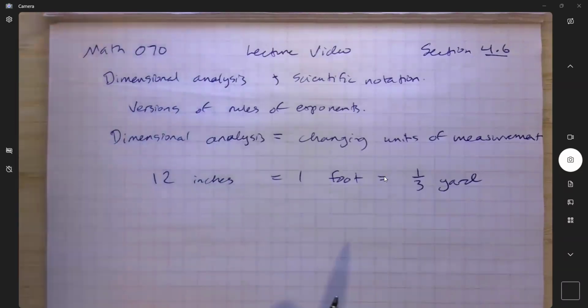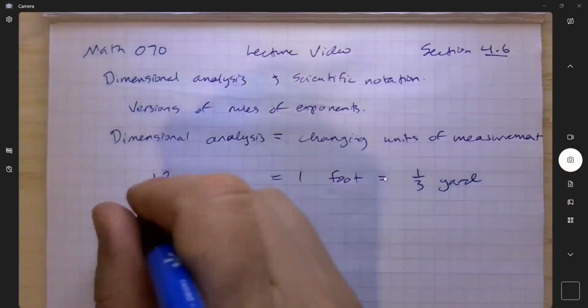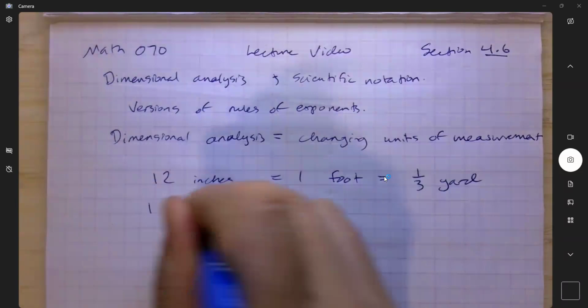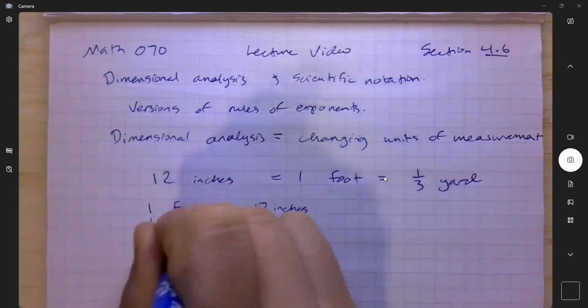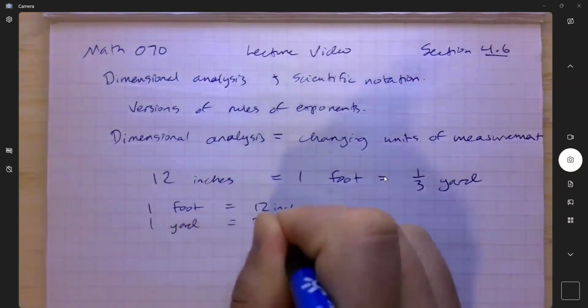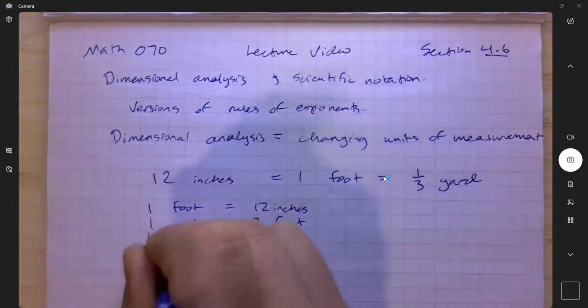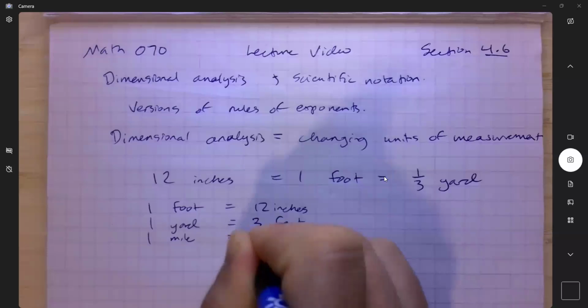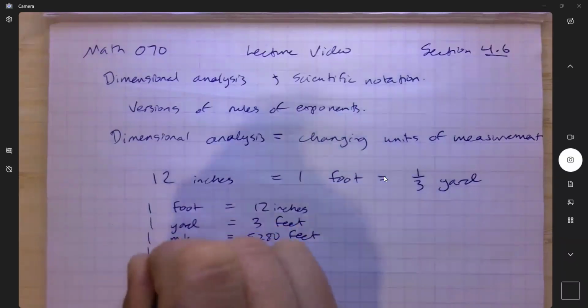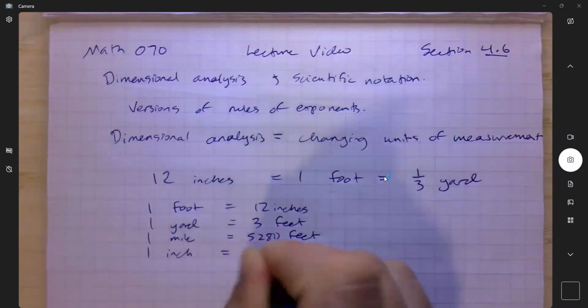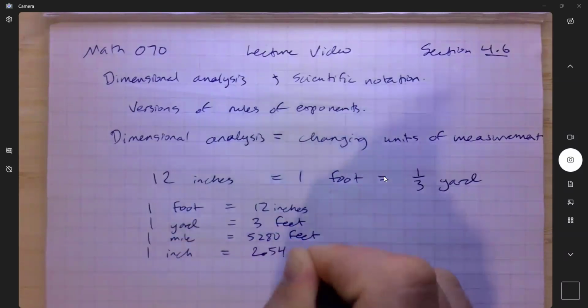And the key in order to do this is to have a table that gives you different dimensional conversions. So I'm going to just jot down a table that we're going to use here. So let's do 1 foot equals 12 inches. 1 yard equals 3 feet. 1 mile equals 5,280 feet. 1 inch equals 2.54 centimeters.